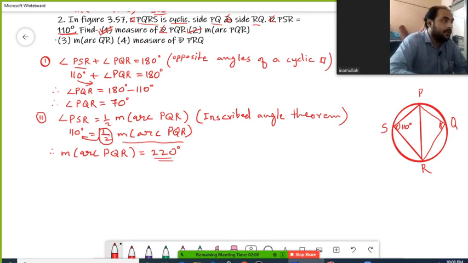Now the third part of this question is to calculate major arc QR. So this is QR, this we need to calculate. And here we can take help of the property of congruent chords in the same circle. The question already says that PQ is congruent with RQ.